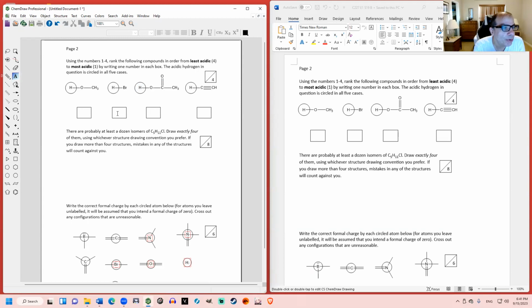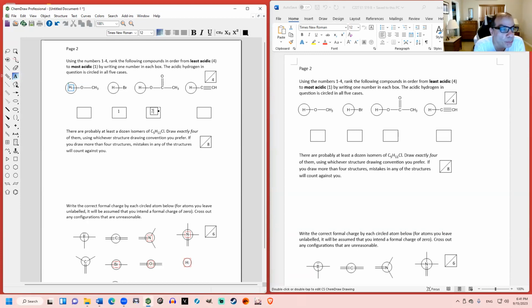So that means, okay, least acidic to most acidic. So most acidic is 1, is going to be HBr. Then 2 is going to be the carboxylic acid. And then you have a choice between an alcohol and a terminal alkyne. In the alcohol, the hydrogen is attached to an electronegative oxygen.